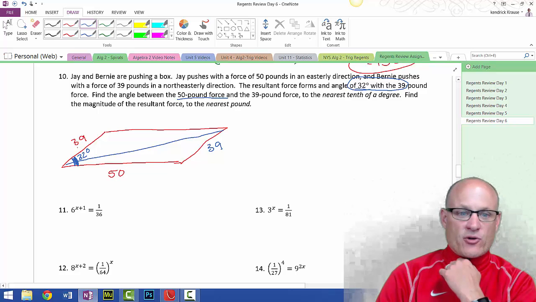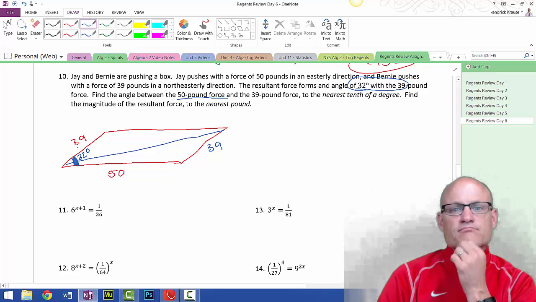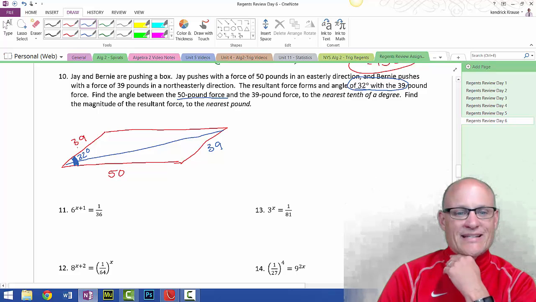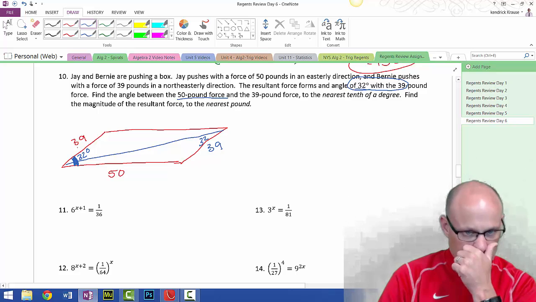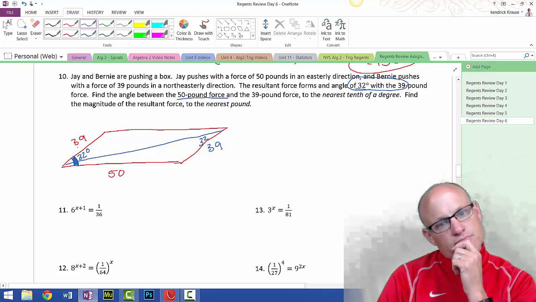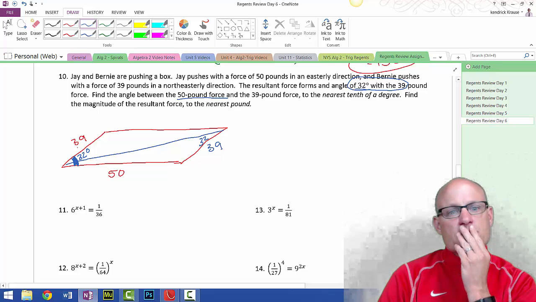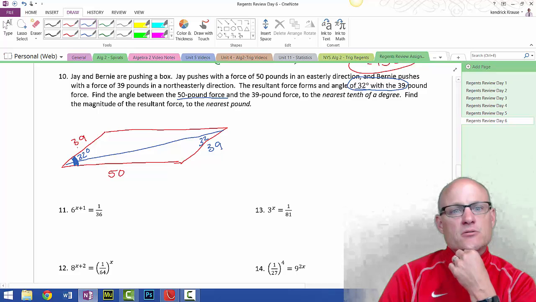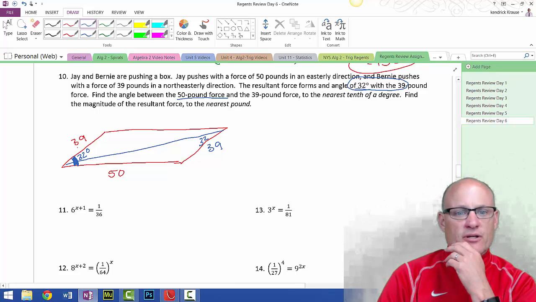So I want to find this whole thing. That's quite interesting. All right, so this is also 32. That's 32. So I'm looking for this.